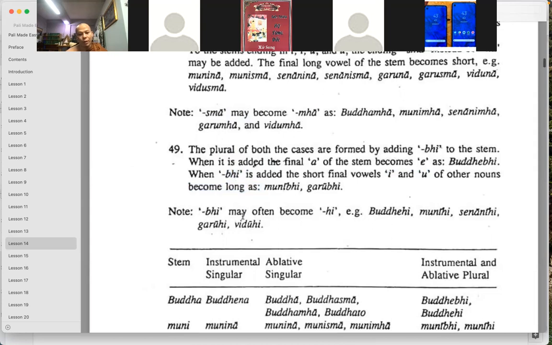And also bhi often becomes hi. Just saying become or change like that, but actually, logically, bha becomes silent in Pali language. So Buddhehi, munihi, senanihi, garuhi, viduhi.